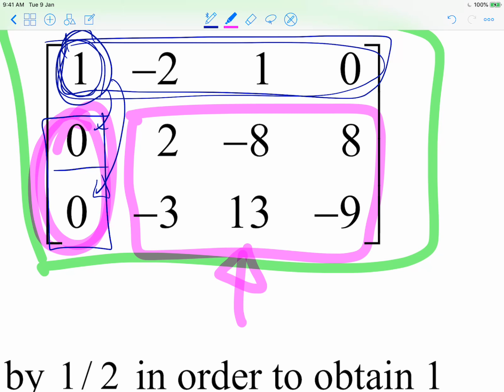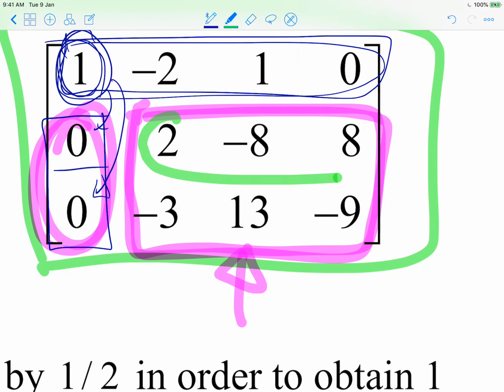Out of 3 equations we now have 2, and out of 3 variables we have only 2. And then we do the same thing: we use this one as our eraser, and by using it, we erase this one.